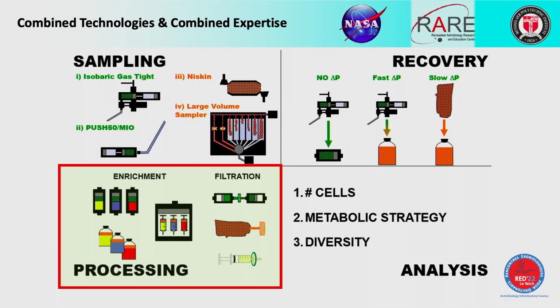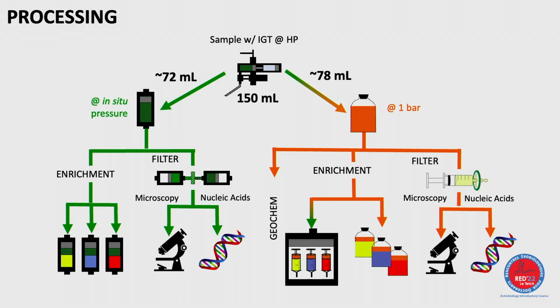For processing, we processed non-decompressed samples and decompressed samples, as you can see here. Non-decompressed samples were enriched under in situ pressure conditions without any decompression. For the ones that were decompressed, we recompressed them, and kept some also at ambient pressure conditions.